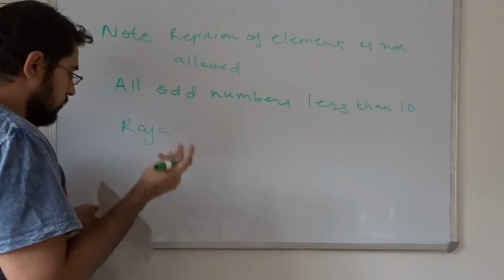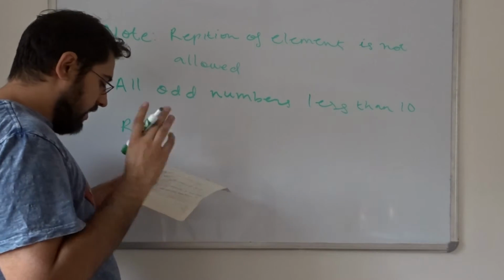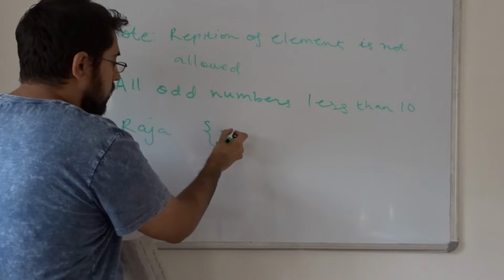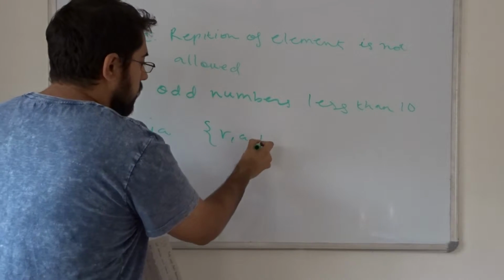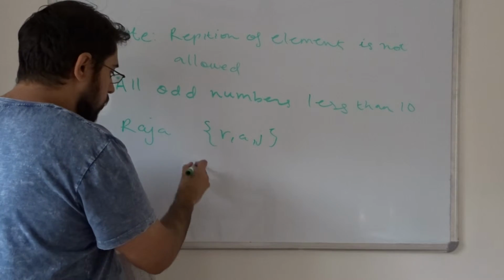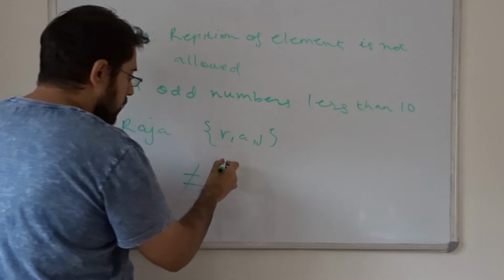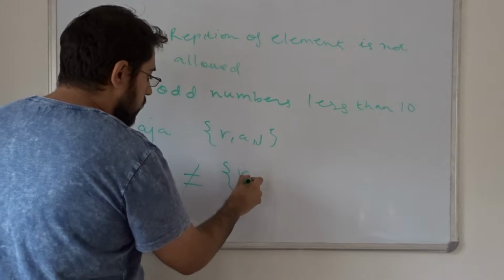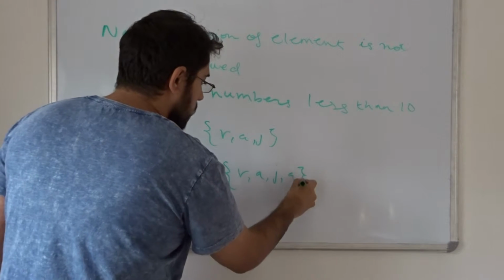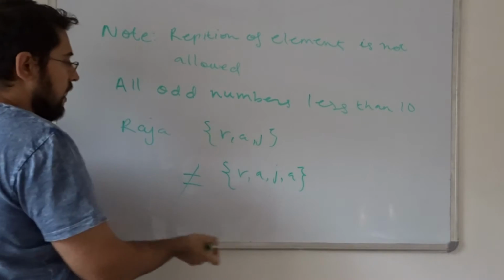So now, how do I write my name in roster form? This is how you write my name in roster form: R-A-J. That's it. This is not roster form: R-A-J-A.